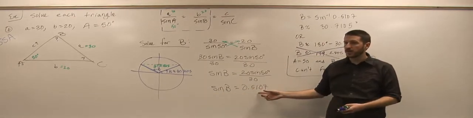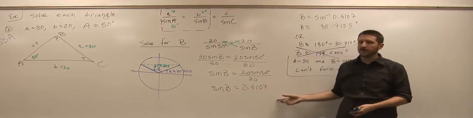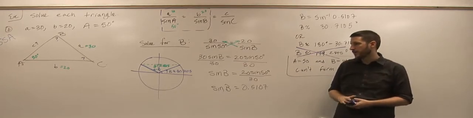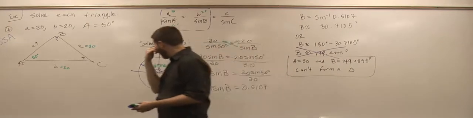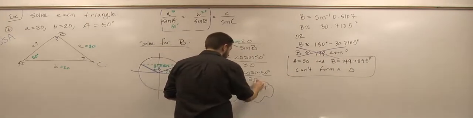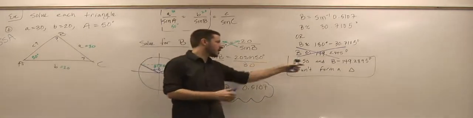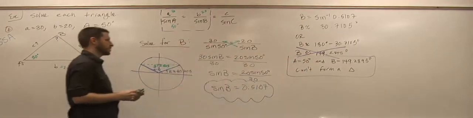If you had bigger than 1 on this side. Right, so if you had sine of B equals 1.5, it's not possible. So you won't be able to form a triangle. The sine is always between -1 and 1. So look out for this first equation here. It tells you how many triangles you have. This, along with the fact that we started with 50 degrees, allows us to rule out the second solution.